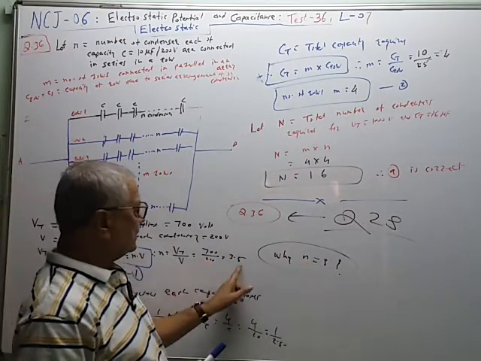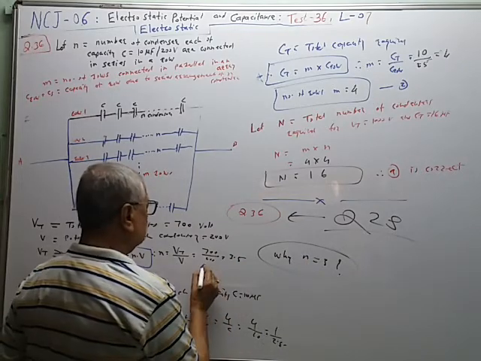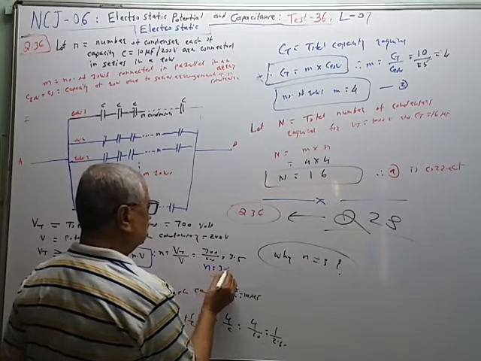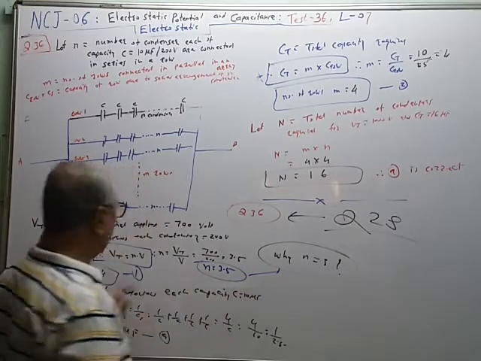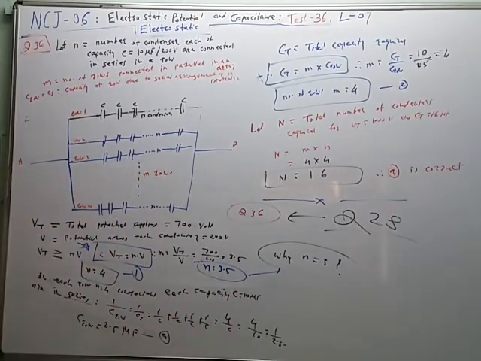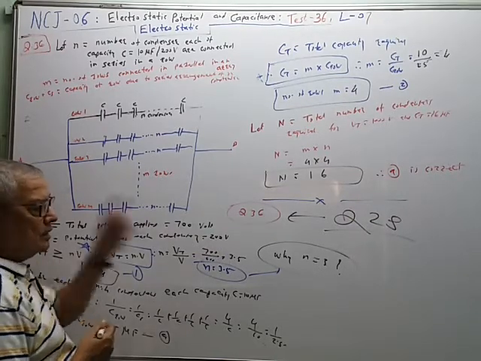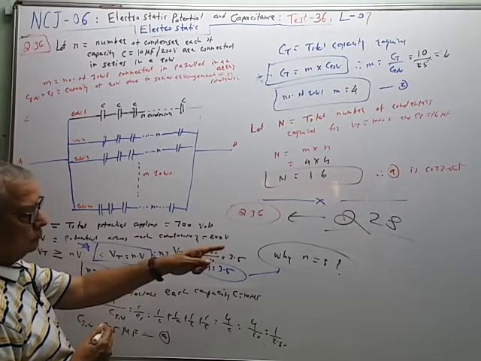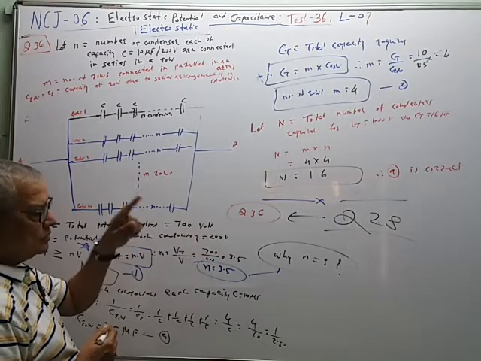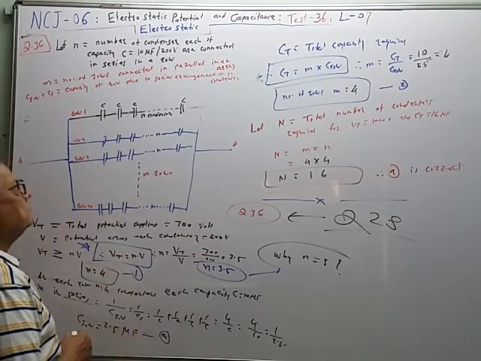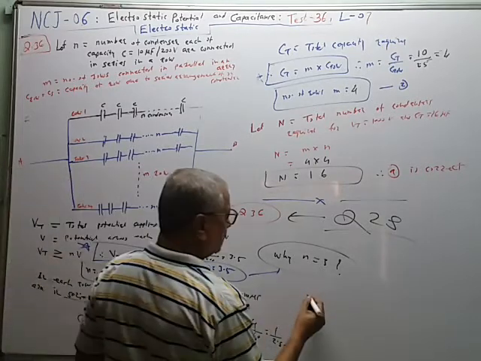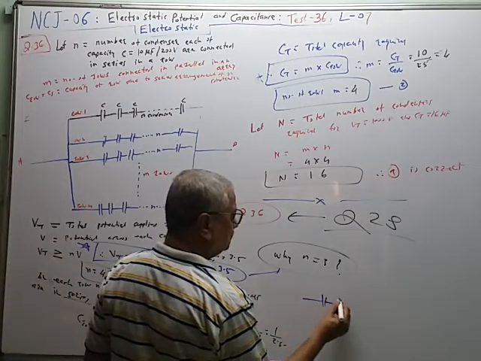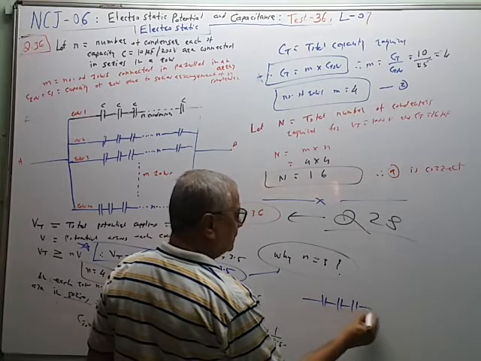Whether N should be taken as 3, so whether N is equal to 3 or N is equal to 4, that part we have to see. So if we use 3 condensers, then what will happen? Suppose this is the first condenser, second condenser, third condenser.